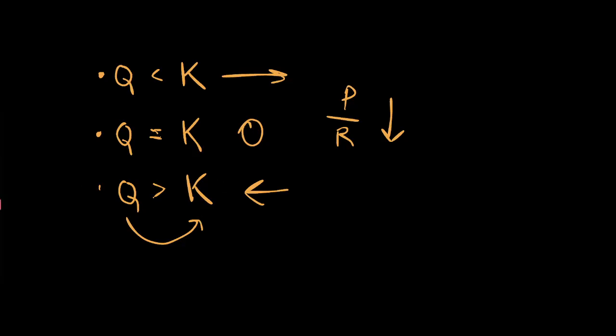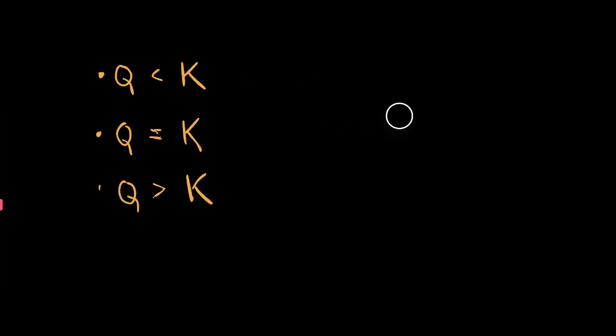So it's in this way that we can use our reaction quotient and compare it to our equilibrium constant in order to predict the direction in which a reaction will then proceed. So hopefully that is making some sense. Again, if you ever forget which direction you will proceed if you have a Q less than K or greater than K, you can always just remember that we have products over reactants.